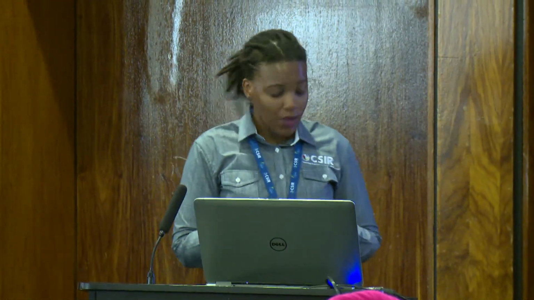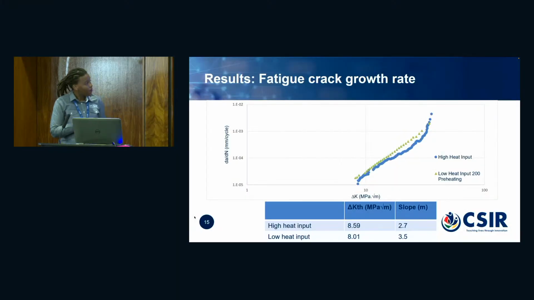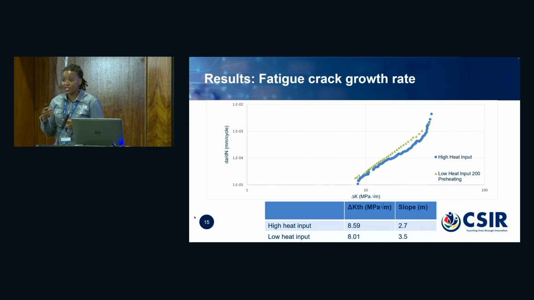We also look at the slope of the graph, which is your m value, and the slope indicates the rate at which your crack propagates through your material. So of course you want it to propagate at a slower rate. All right, thank you. And so what do these results tell us?